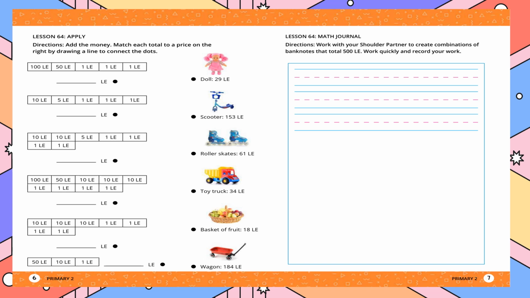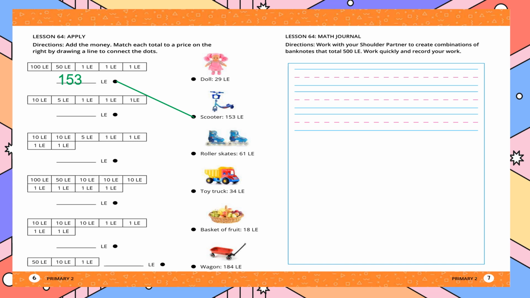We have some decomposed numbers and we want to add all together to find the total amount. 100 LE plus 50, 100 plus 50 equals 150, plus 1, 151, plus 1, 152, plus 1, 153 LE. So we will match it with scooter for 153 LE.